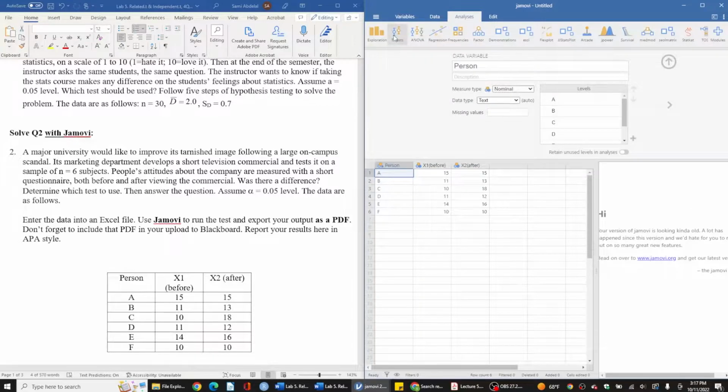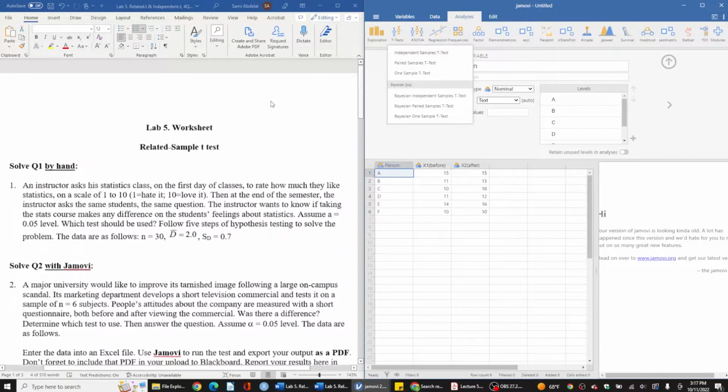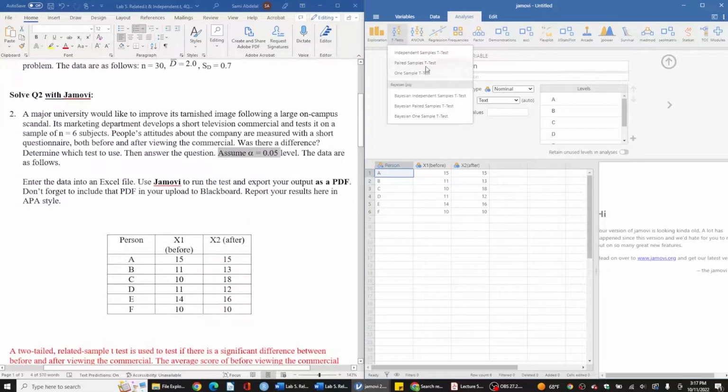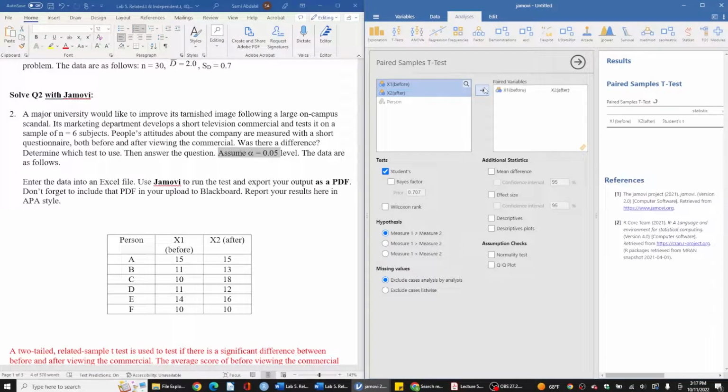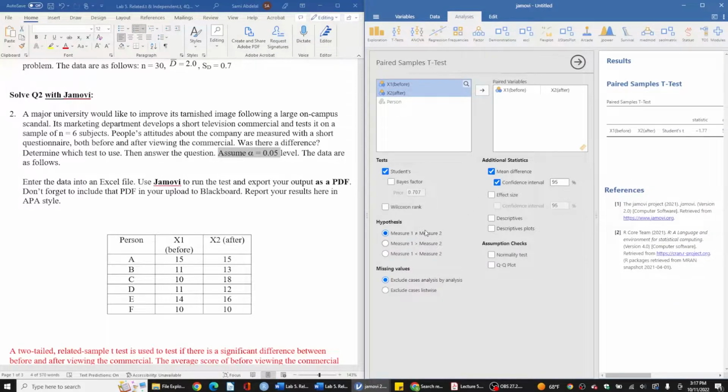So super easy. When we want to do the t-test, we are going to do, I believe, a related sample t-test. And then we're just going to go ahead and throw these paired variables in. Let's go ahead and check for the mean difference and confidence intervals. You can see here for the hypothesis, measure 1 is not equal to measure 2.